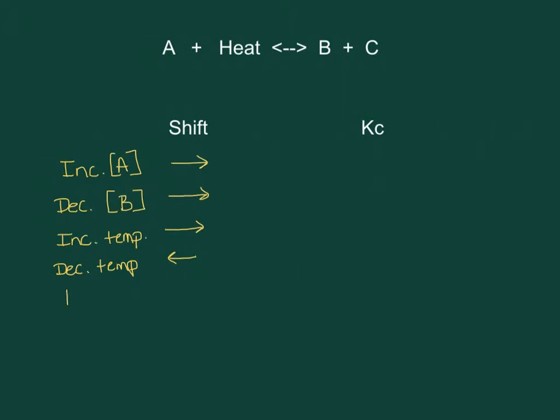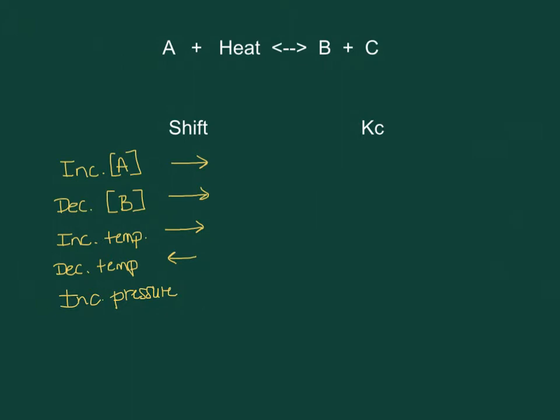If I increase the pressure on this system, it's going to create more collisions between molecules. So in order to compensate and get back to equilibrium, the system is going to want to shift in the direction that's going to produce the fewest amount of moles.